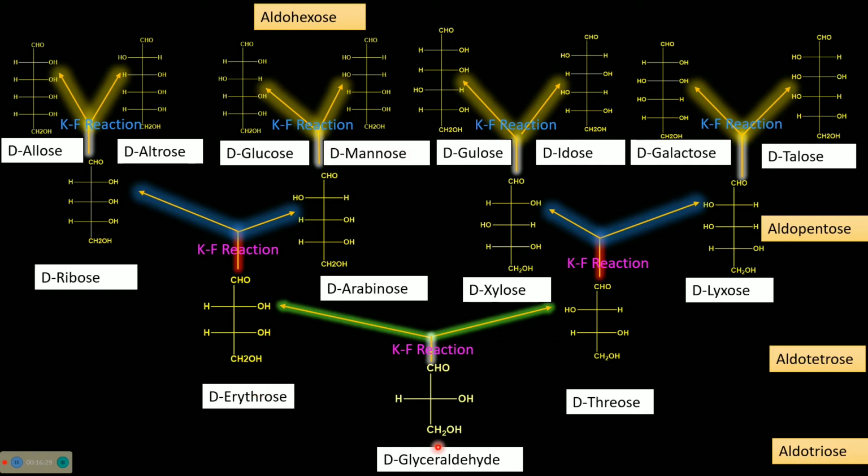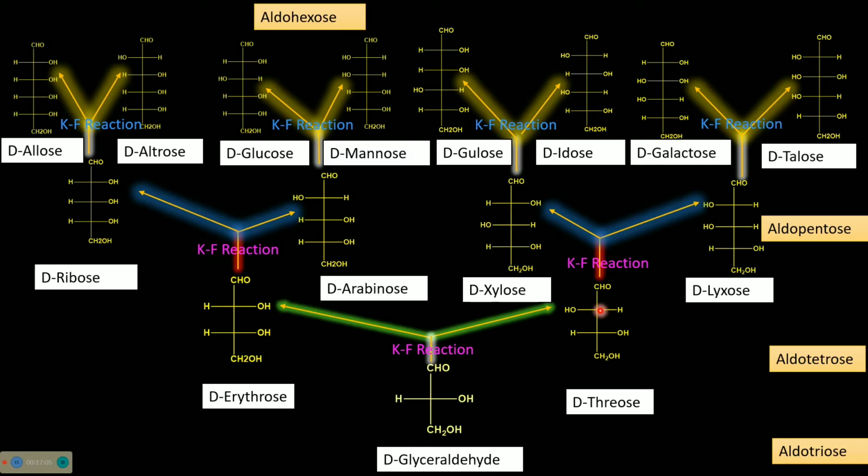There will be an extra chiral center in the product. Since we get two products, in each product there will be an extra chiral center, and that extra chiral center has a different configuration in each product.